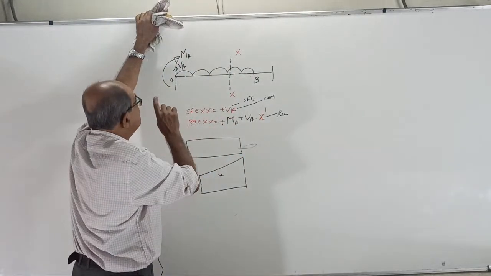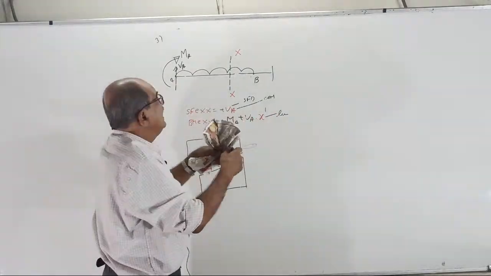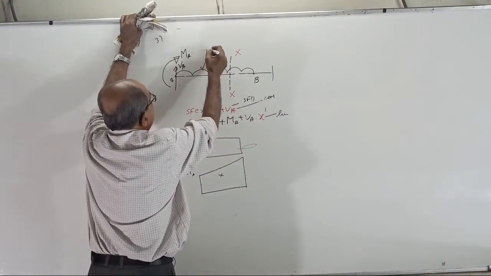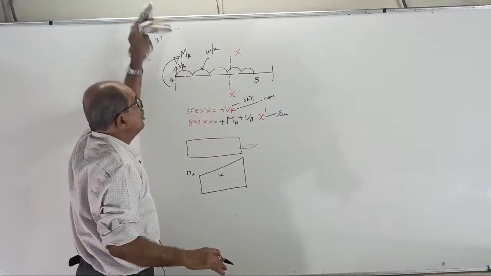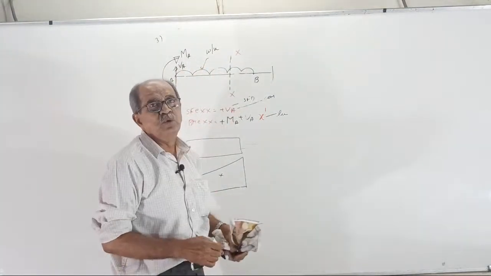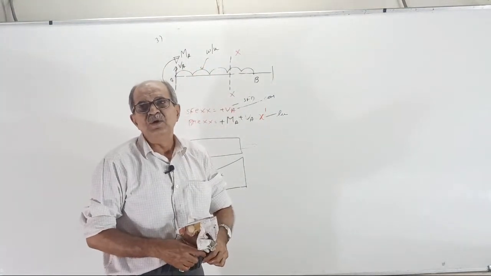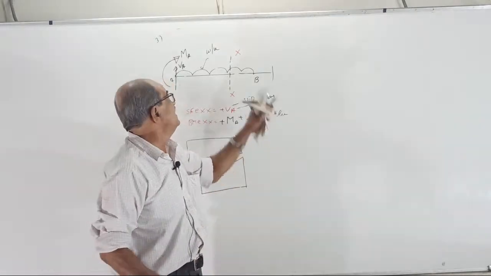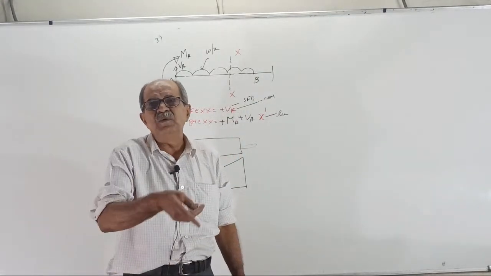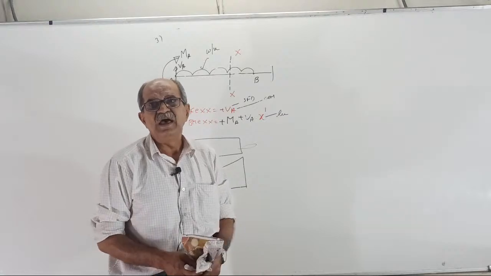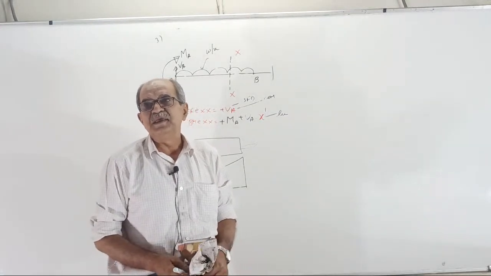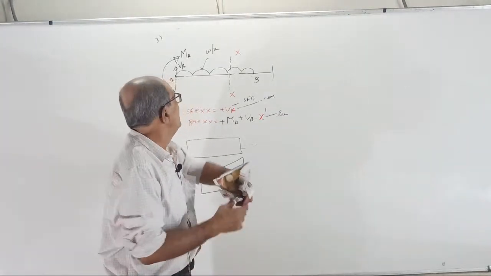Next you suddenly jump to when there is a UDL between two standard points, say W per unit length. U means unit length, don't write U. It is not a value, I have shortcut. In the YouTube class, I wrote always per unit length because I have seen people imagine U is a value.